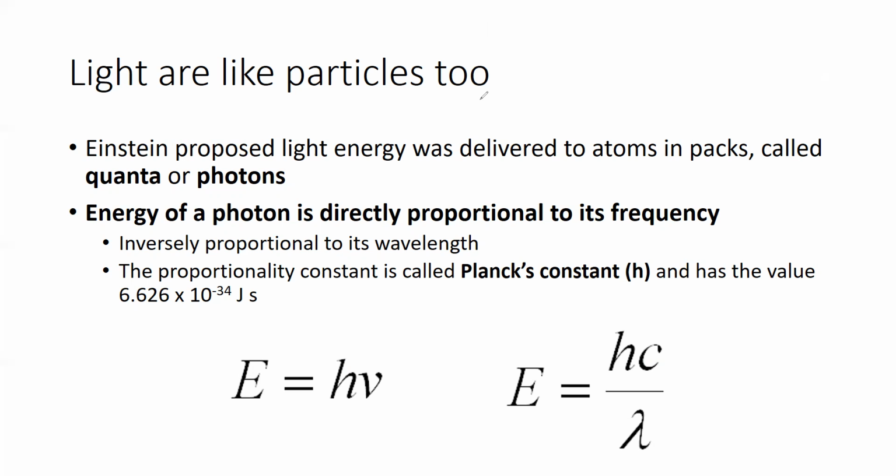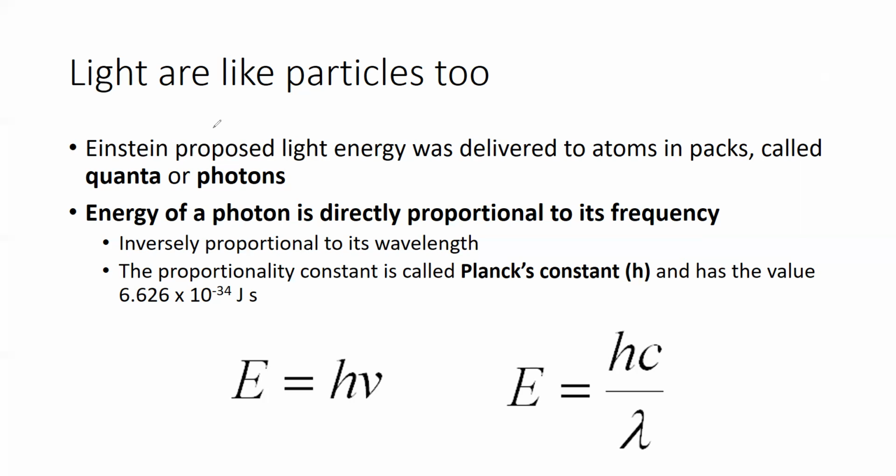All right, so light, waves, and particles. That depends on how you measure it, right? They're either discrete packets of energy or a continuous wave of energy. This comes from Einstein.